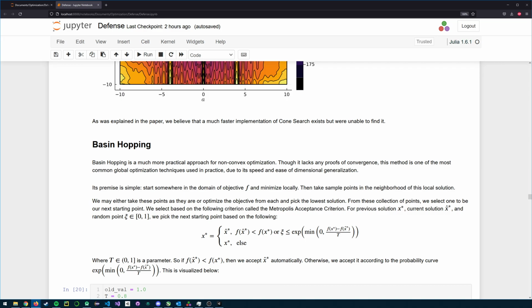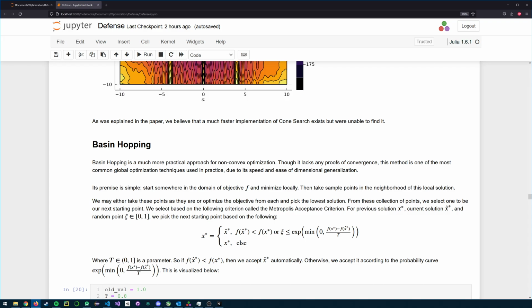So anyways, let me go over the procedure for basin hopping here. It's a fairly simple algorithm. You first start somewhere in the objective f, and you minimize locally using something like Newton's method or maybe gradient descent. And then you take sample points in the neighborhood around this local solution.